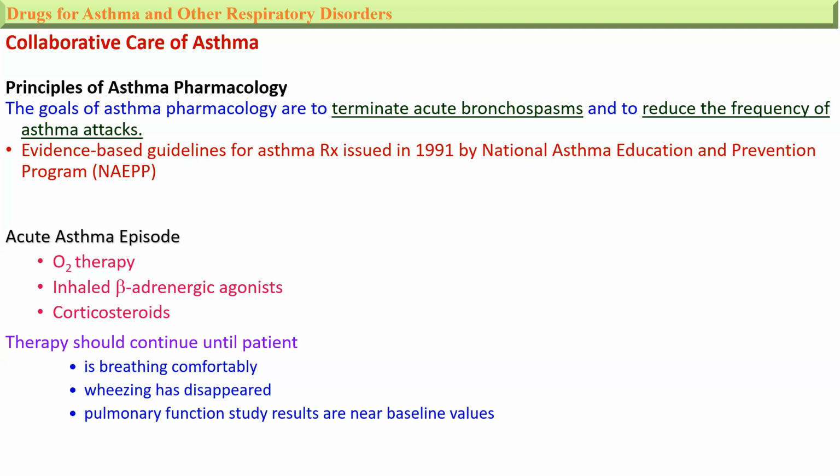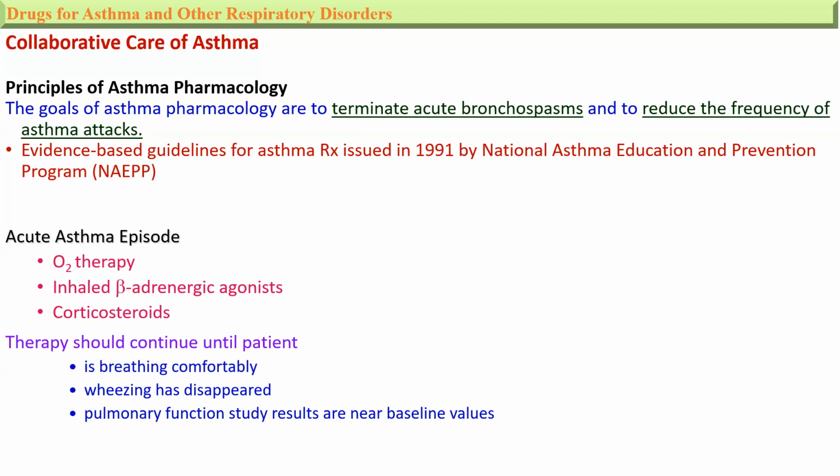For an acute asthma episode, oxygen should be started and monitored with pulse oximetry, or according to ABGs in severe cases. And we have an inhaled beta-adrenergic agonist, either short-acting or long-acting, usually by metered dose inhaler using a spacer, or nebulizer.